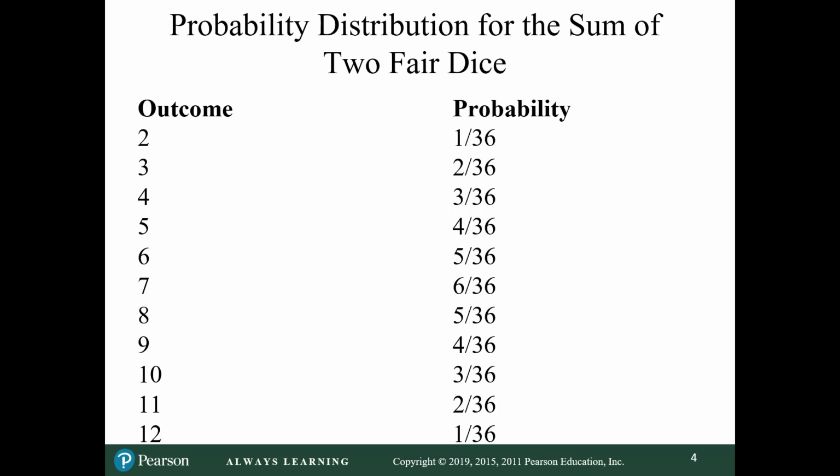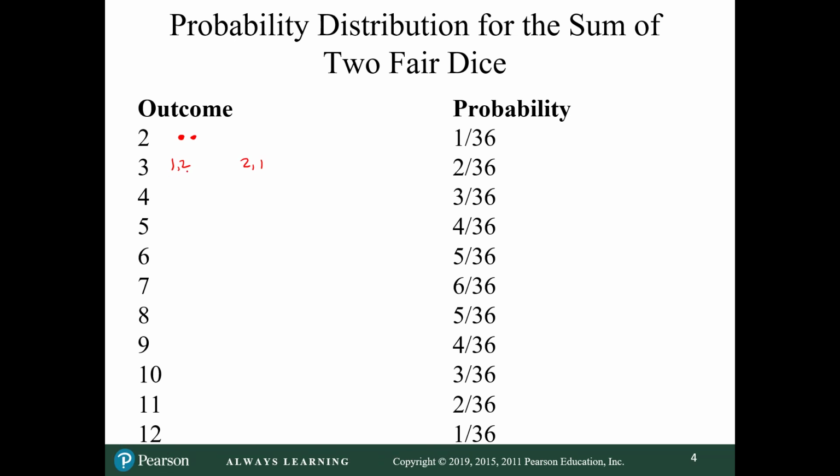So if you're rolling two dice in a game, what's the only way to get a 2? You roll a 1 and a 1. To get a 3, you could roll a 1 and a 2, or a 2 and a 1, because you might have a red die and a blue die.